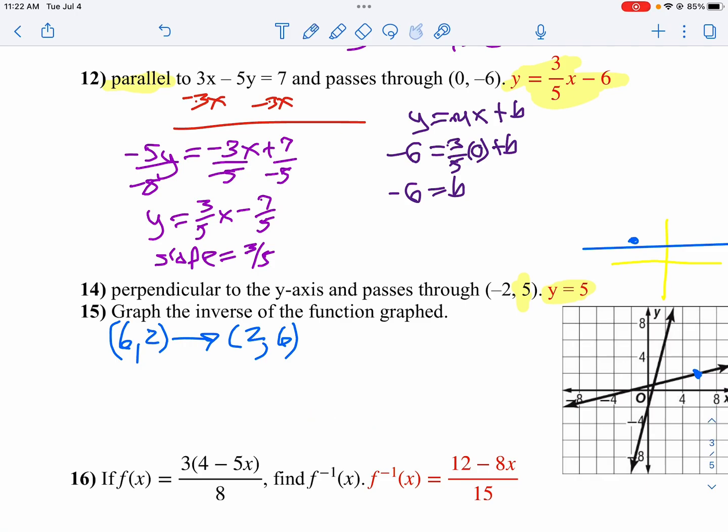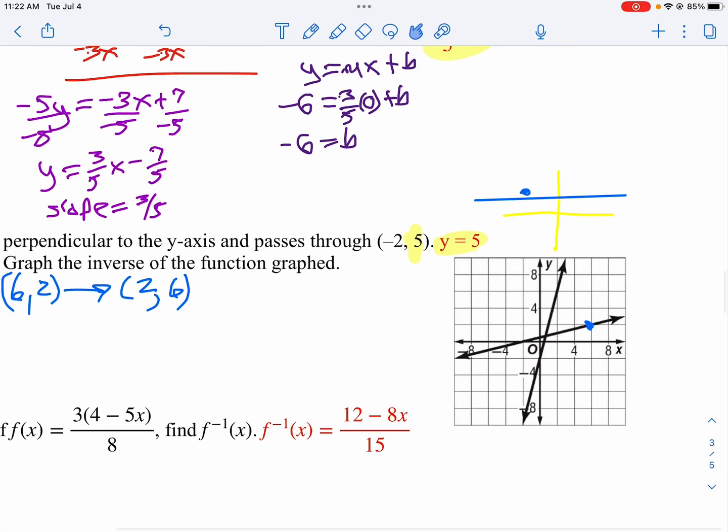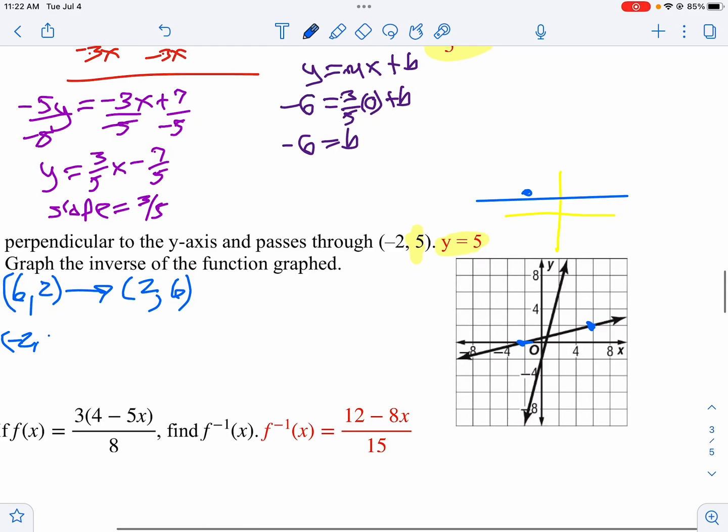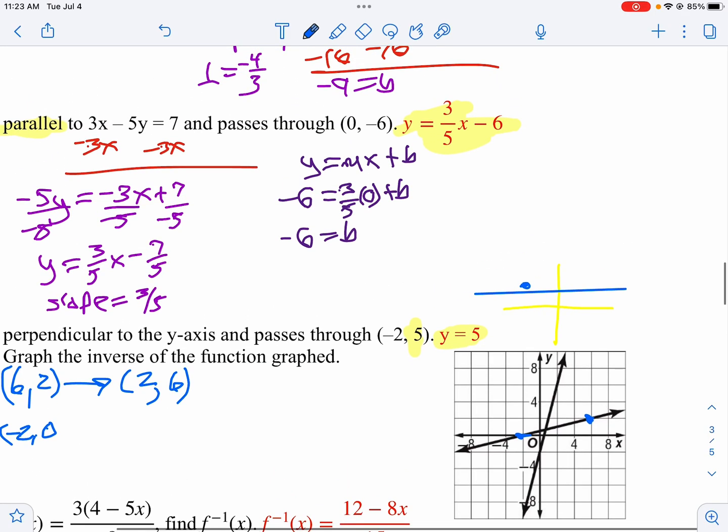Now I'll go back and pick another point on my line. I'm not going to go to the right, I'm going to go to the left. Here we go, I like this point. This point is at negative 2 and 0. So at negative 2 and 0, that becomes 0 and negative 2.